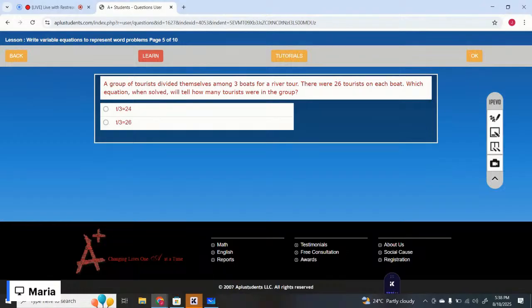A group of tourists divided themselves among three boats for a river tour. There were 26 tourists on each boat. Which equation, when solved, will tell how many tourists were in the group?